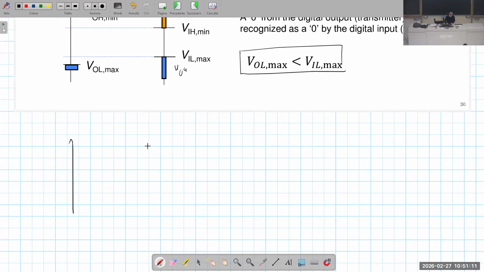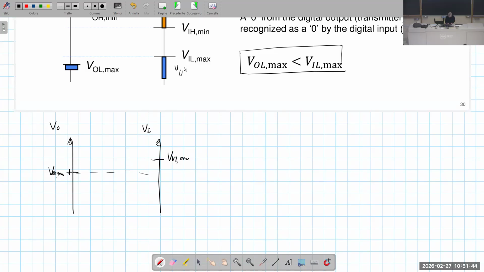Let's say this is VO and this is VI, and we have that VOH minimum is less than VIH minimum. In this case, the proper transfer of the information is not guaranteed.